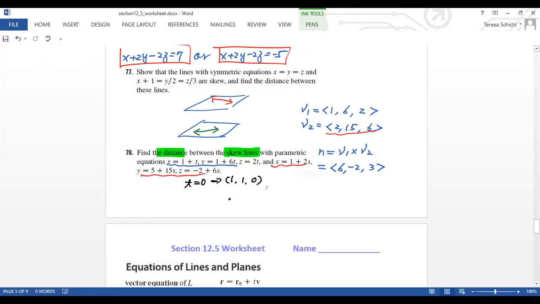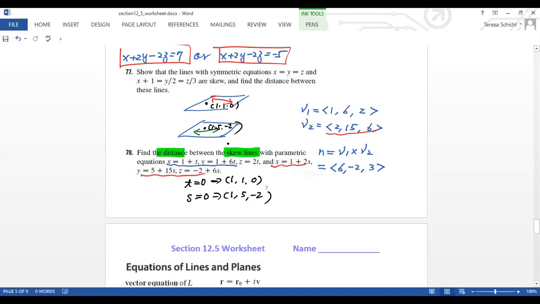Then for s equal to 0, I can find another point: 1, 5, -2, right?